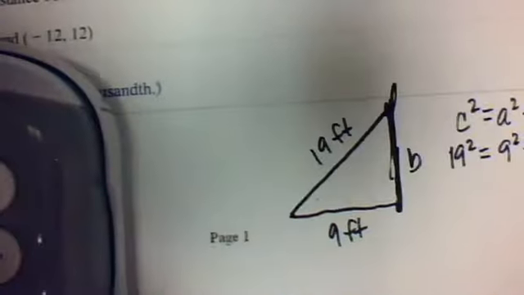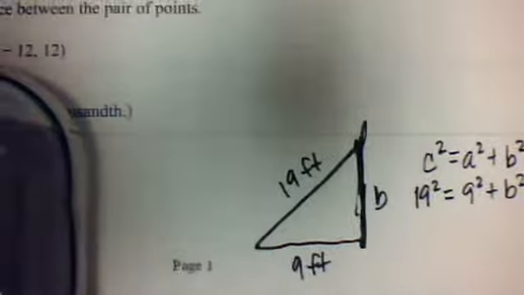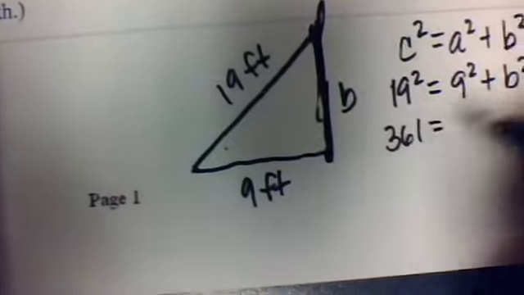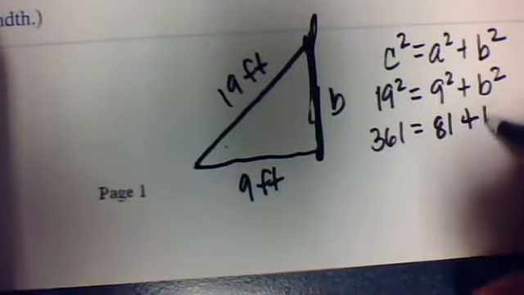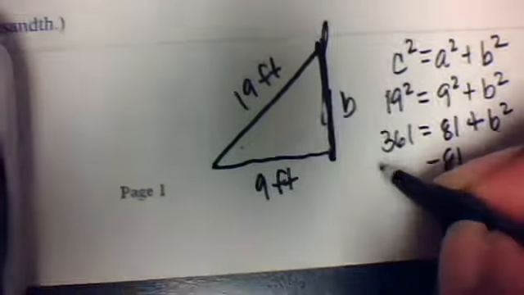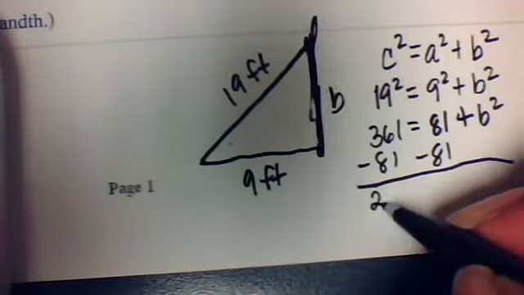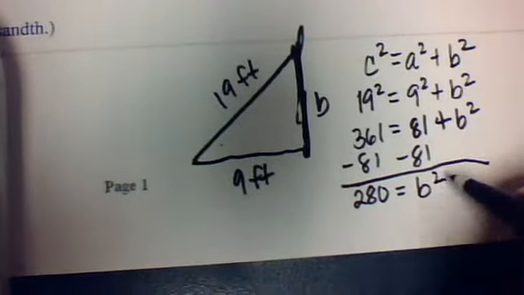So if I do 19 squared, that's going to be 361. And that's equal to 9 squared, which is 81, plus b squared. Now if you subtract 81 from both sides, we're going to get 280, which is equal to b squared.